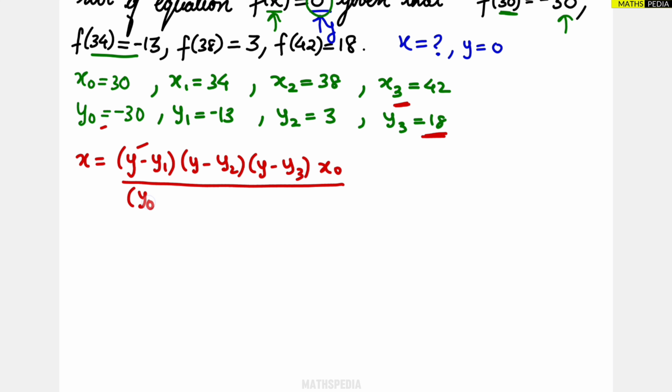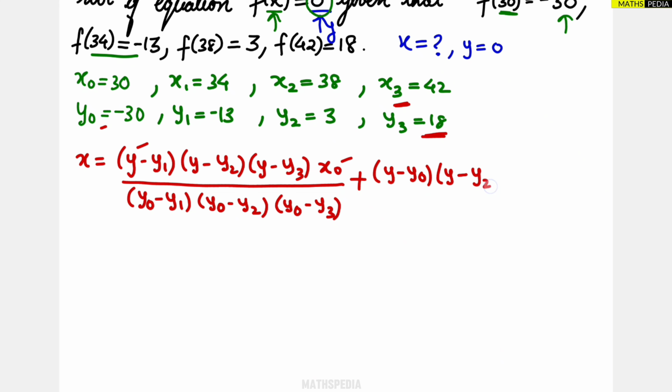So you put in place of y, y naught minus y1, y naught minus y2, y naught minus y3, plus. Next I am going to take x1. So what should be missing from the numerator? y1 should be missing. So y minus y naught I can include, y minus y1 I cannot include, y minus y2 I will include, y minus y3 will come. Then into x1. In the denominator, in place of y, y1 will come, and the rest is the same; you can copy paste.